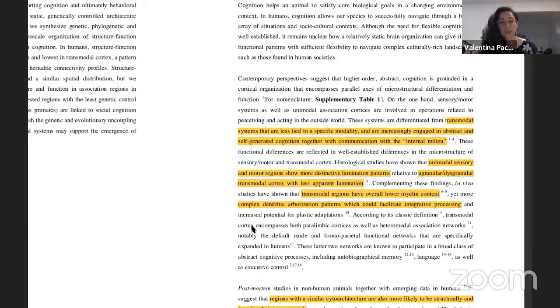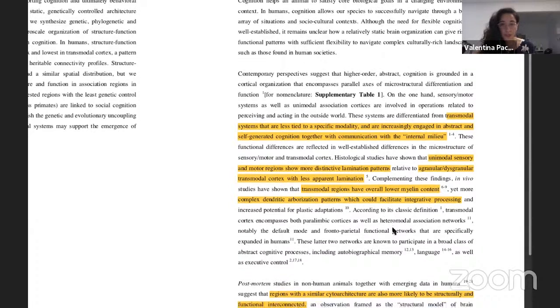There are differences also in the brain structures that support transmodal and unimodal systems. In particular, unimodal sensory and motor regions rely on distinctive lamination patterns, while transmodal cortex appears to have a more agranular and dysgranular pattern and less apparent lamination.